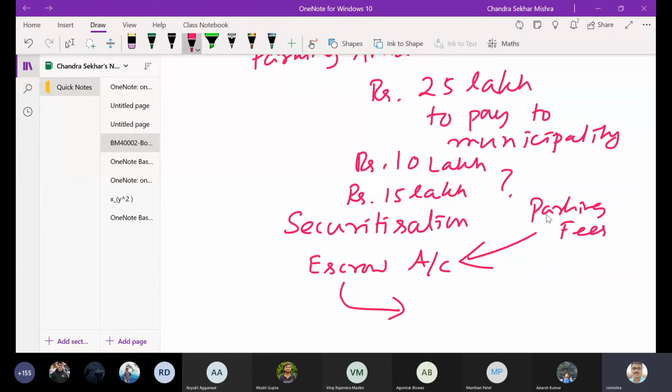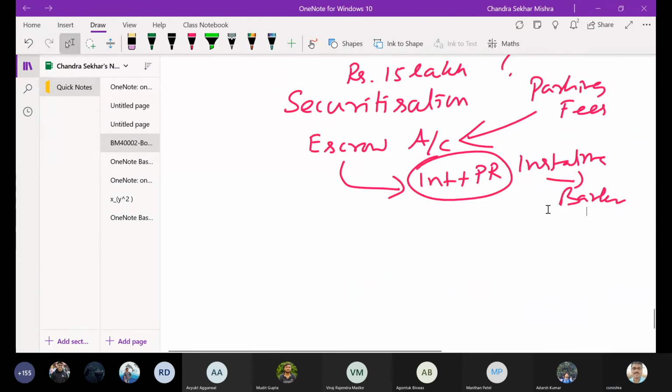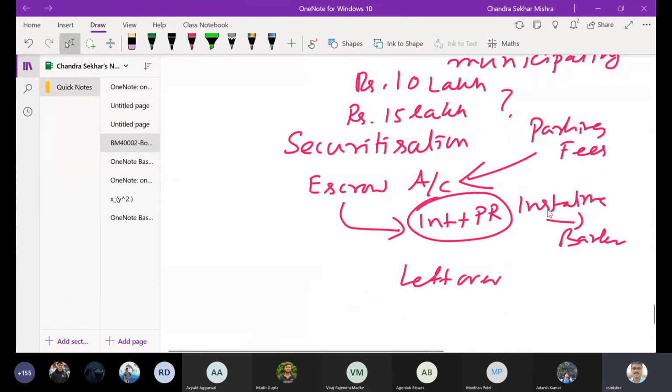From the escrow account, the periodic interest and principal repayment portion, that is the installment, will go to the banker. And whatever leftover amount, it can be used for other operating expenses, like salary for the person who is manning that, some maintenance, some shade, etc. So they create an account where it goes actually. That structure has to be there.